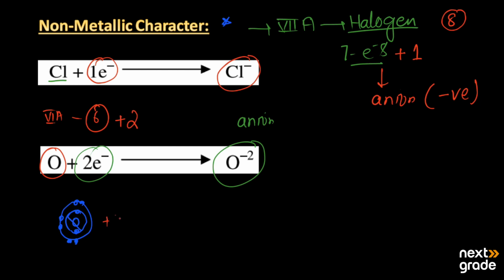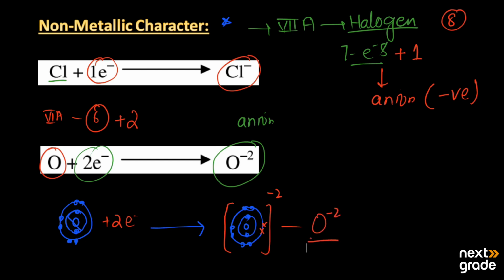After gaining 2 more electrons, the first shell already has 2 electrons and the last shell now has 8. It changes into the negative anion and carries a charge of -2. So this is oxygen -2, and this is the oxygen atom. This is the non-metallic character in which they gain electrons and change into anions.